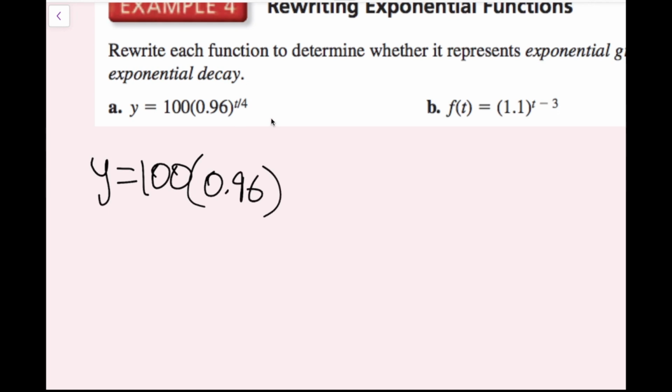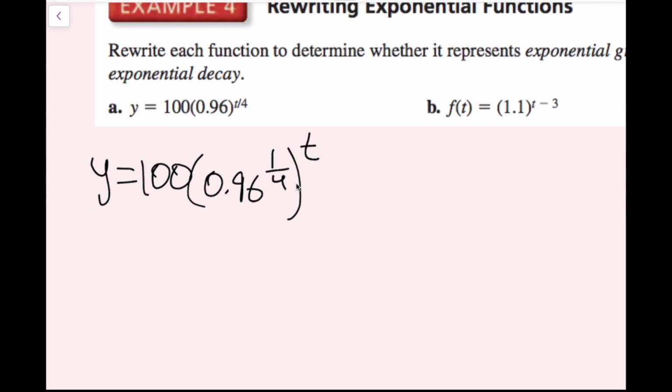And I'm going to break this fraction up. I'm going to have this be to the 1/4 power. Okay, and I'm going to erase my parentheses here for a second. So I'm going to have this be to the 1/4 power, and then I'm going to have this all be to the power of t.